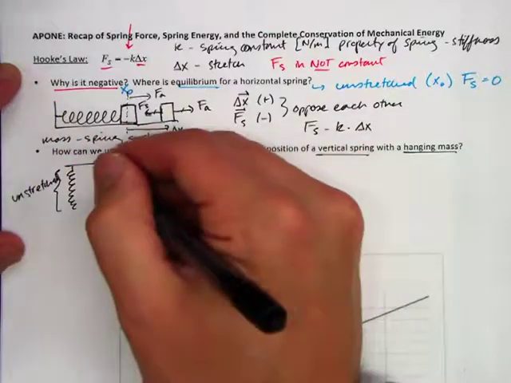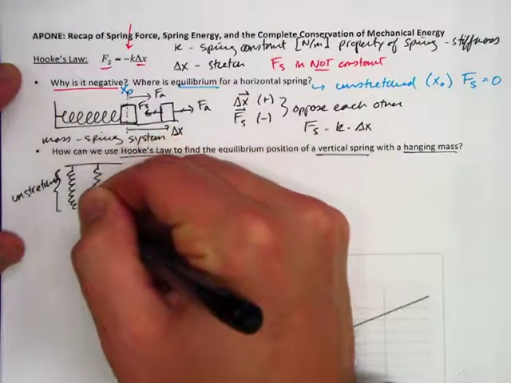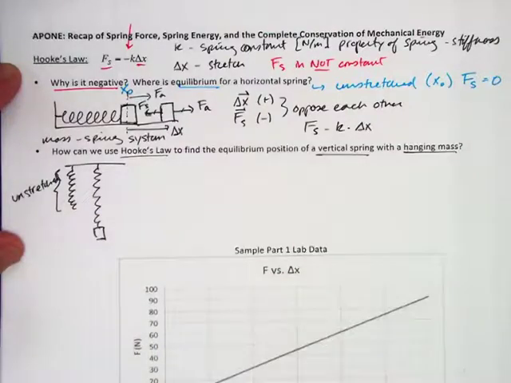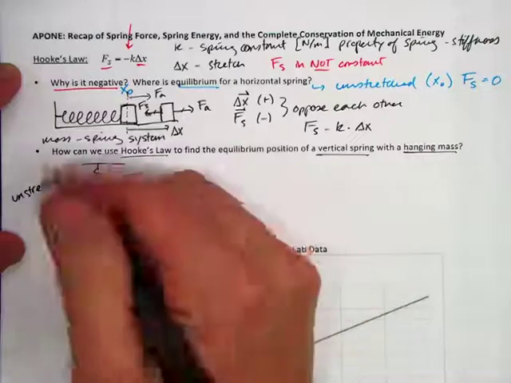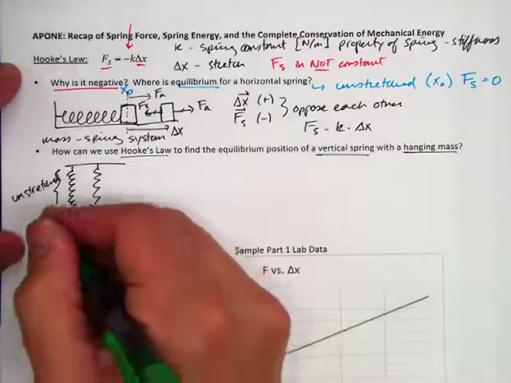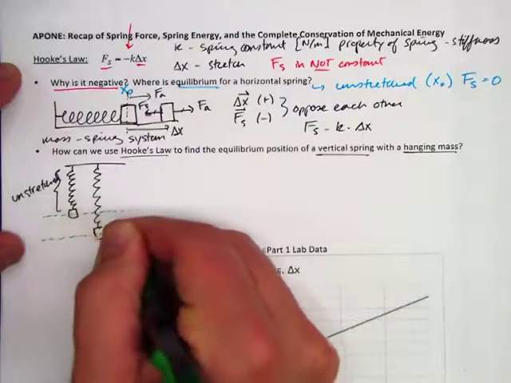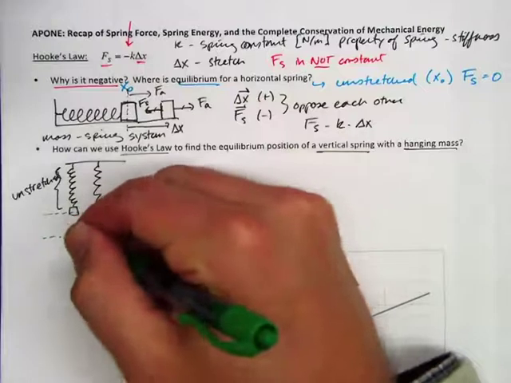And then you attached a mass to it, and that mass stretched the spring. You know what, I'm going to draw the mass here. Assume at this point you're just holding the mass up, so the spring's at its unstretched length, just for purposes of getting a reference point. And then you let it hang, and it hangs at rest.